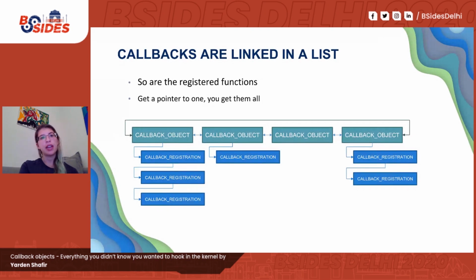As we can see here, if we get one of them, any of them, a callback object or a callback registration, we have all of them. We can find every registered function in every callback object in the system. Means even if there's callback objects that we can't easily find, for example, unnamed ones that we can't index by name, we still have a way to find them.